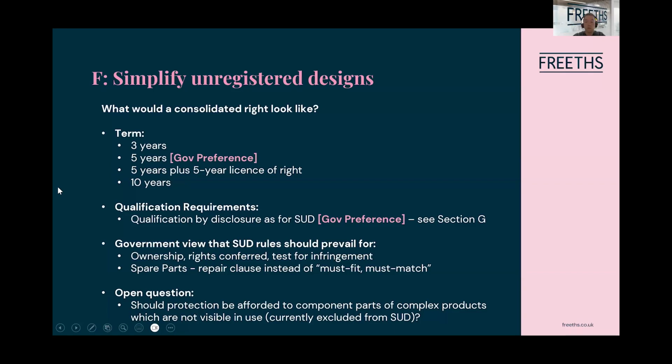In terms of what the government thinks that consolidated right should look like, at minimum, they want to consolidate the term and qualification requirements. At the moment, the proposed term for this new consolidated right is 5 years.